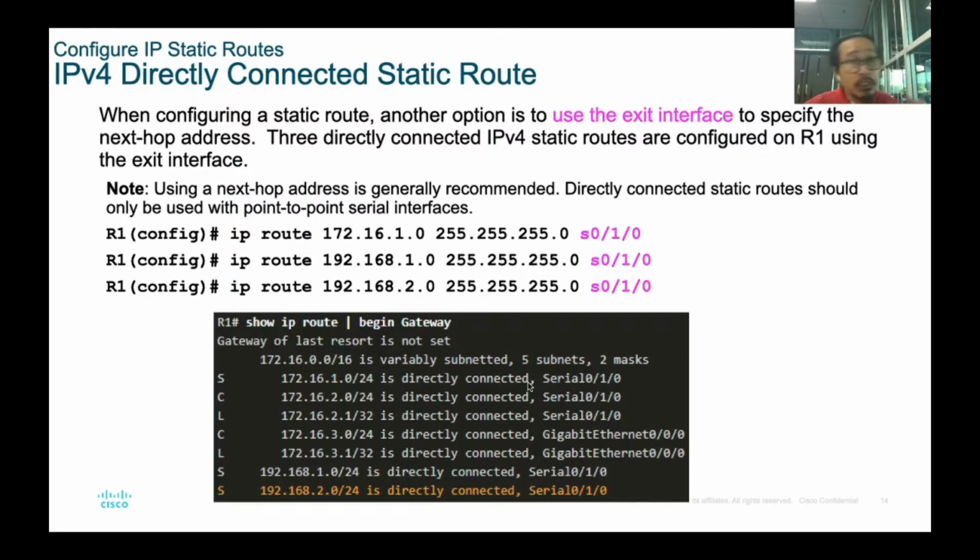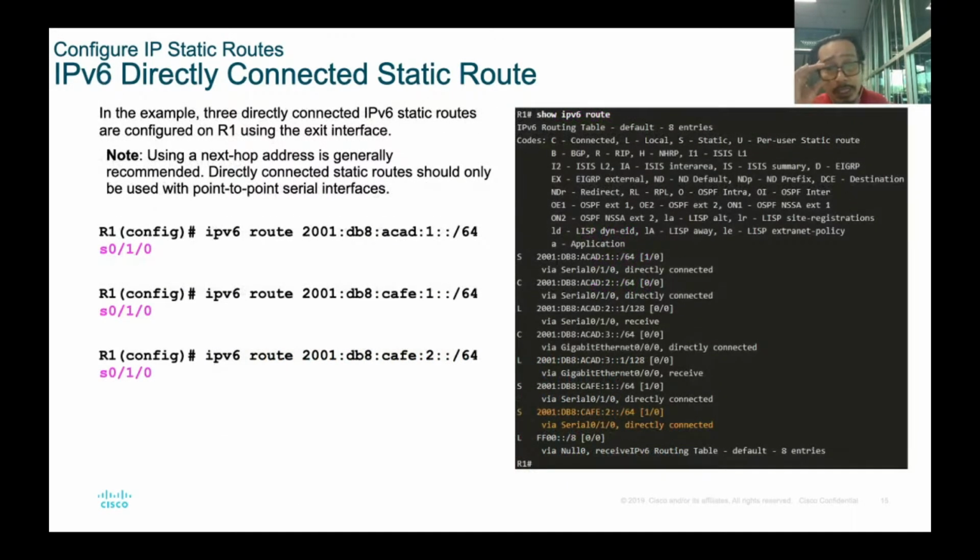So it's faster compared to providing the next hop. The command for IPv6 is almost the same and is represented in the routing table as well. We change the next hop with the interface, which is easier to do and easier for the router to figure out which pathway it needs to go.